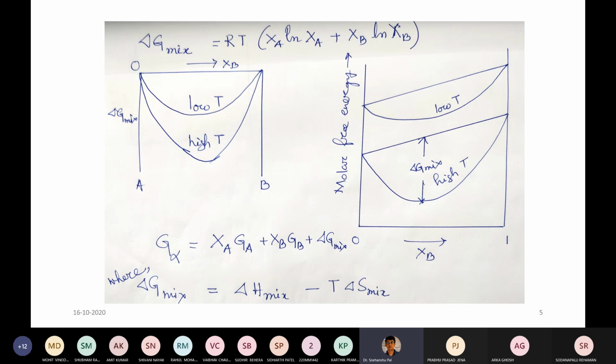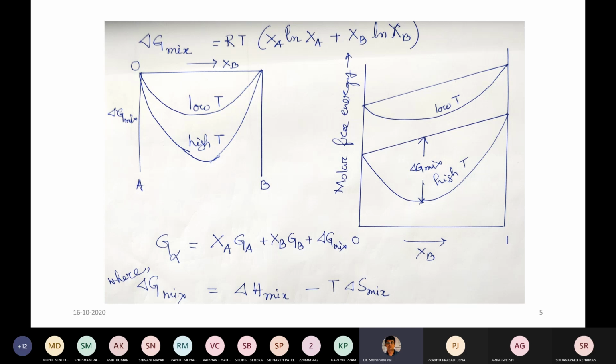In the previous figures in the slide, you can also see that the actual free energy of the solution depends upon GA and GB as well as the del G of mixing.